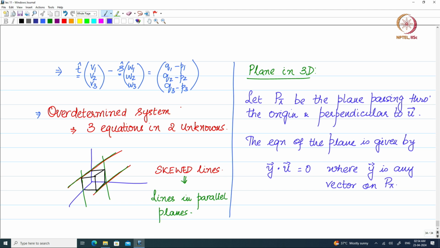We also found out in the previous case the distance from a point to a line passing through the origin. We found all that.